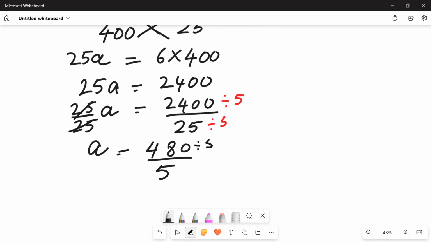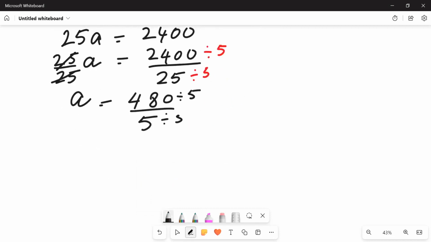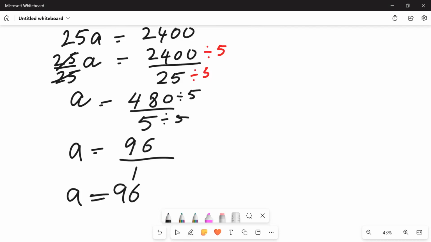Again we can divide it by 5. 45, 9 times 45, 3 remainder, 5 6 times is 30, and 5 1 time is 5. So the value of a is 96. Yes.